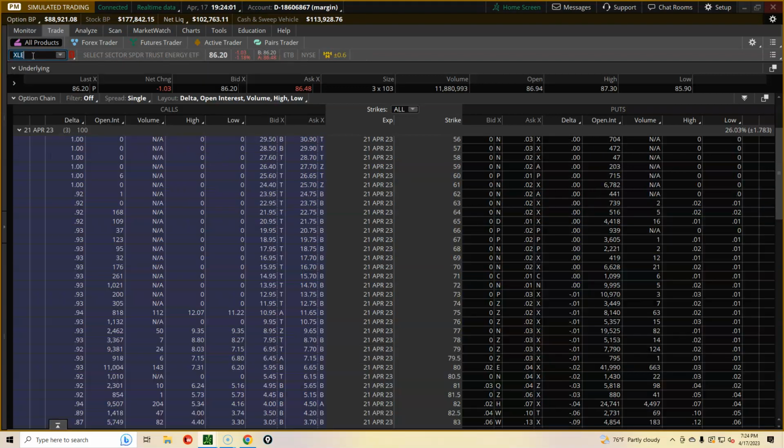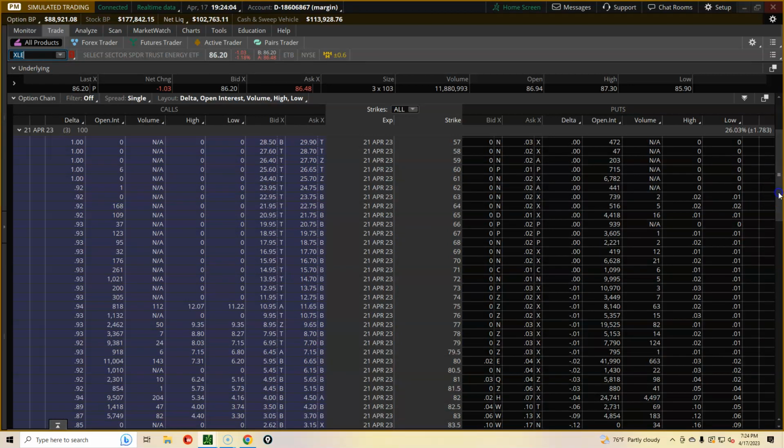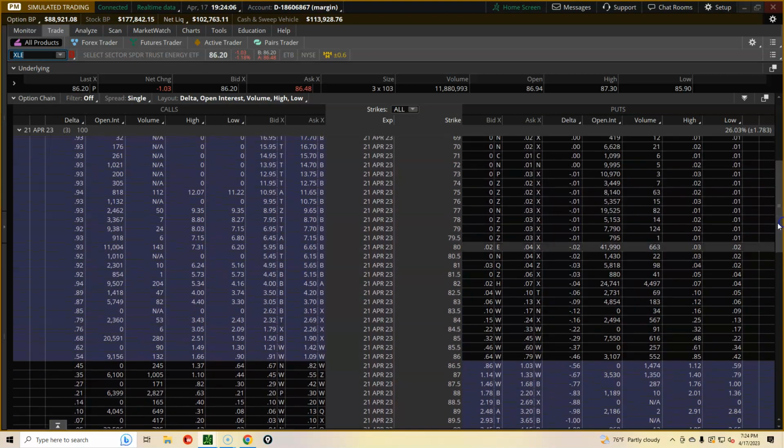In XLE, for the energy sector, not nearly as liquid. Not nearly as much interest. For some reason down here at the 80, pretty liquid. But 84, we might be able to get, it's pretty rich premium though. Does that have to do with being a more expensive stock? I don't know. Maybe. But the 84, okay, we had almost about 5.